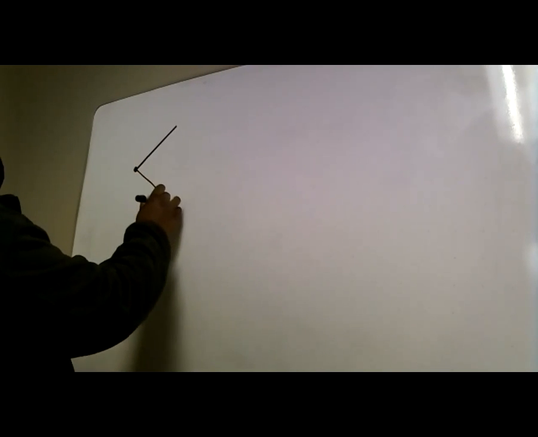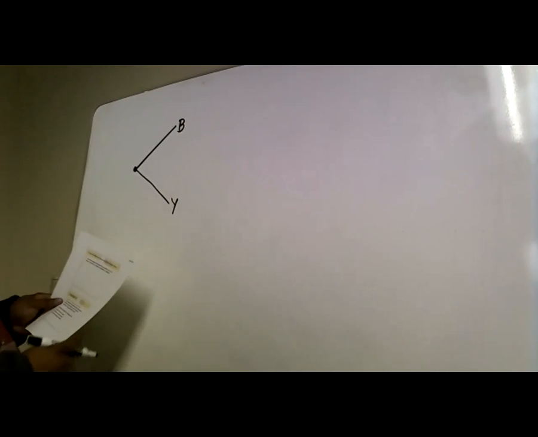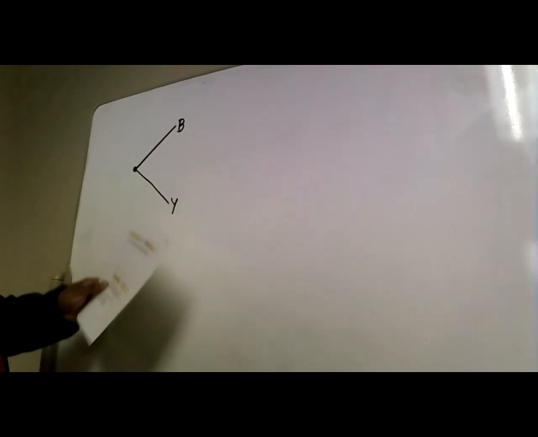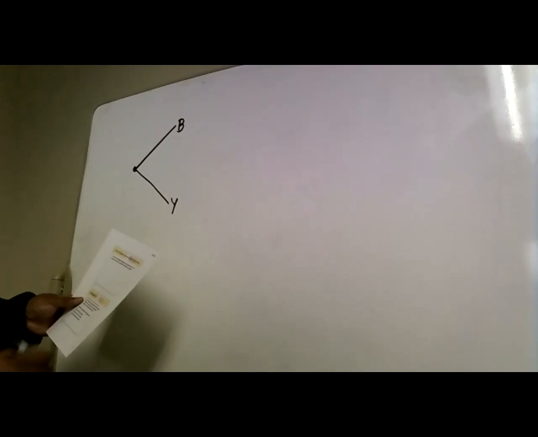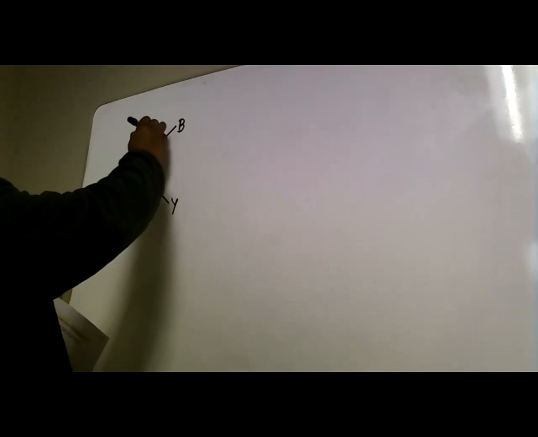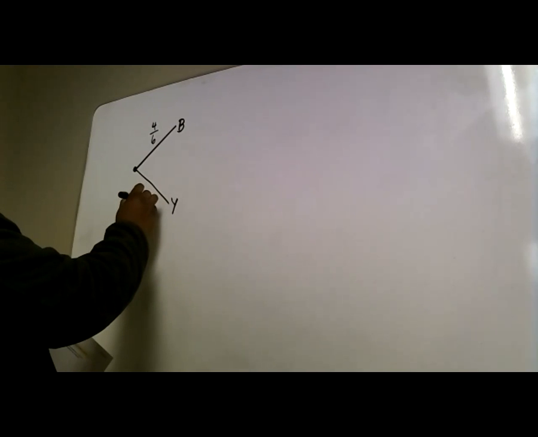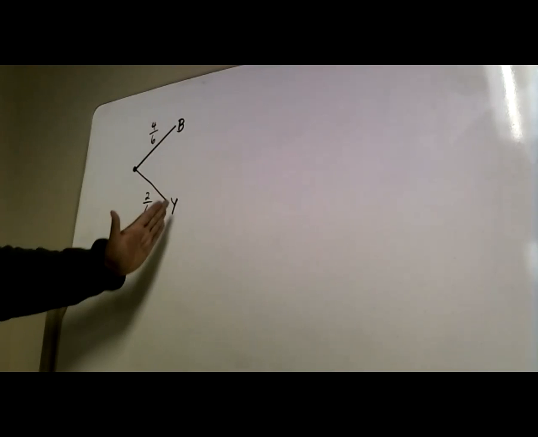So here's how we draw the tree diagram. B will be blue and Y will be yellow. For the probability of drawing a blue marble, it would have to be 4 out of 6. And the yellow marble, that probability would be 2 out of 6. That's on the first draw.